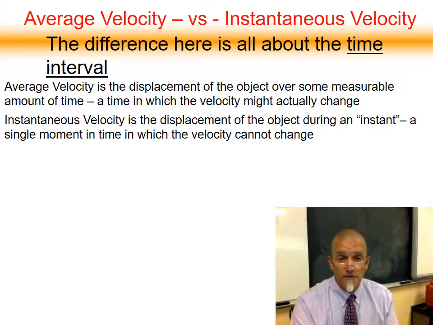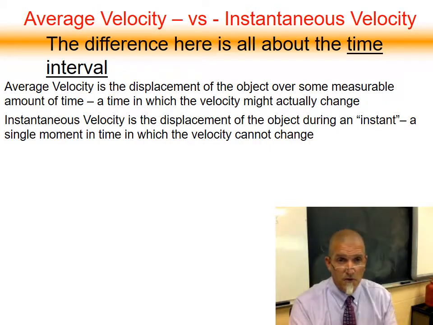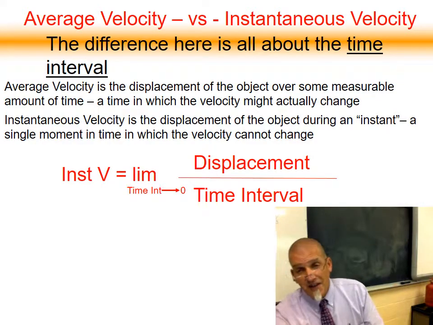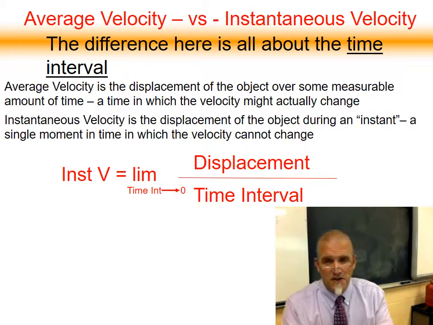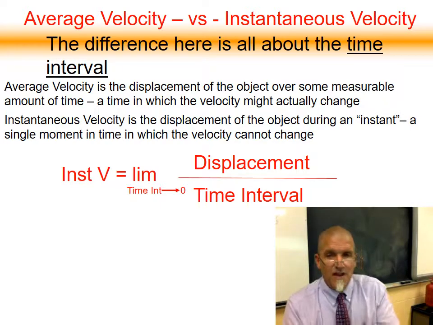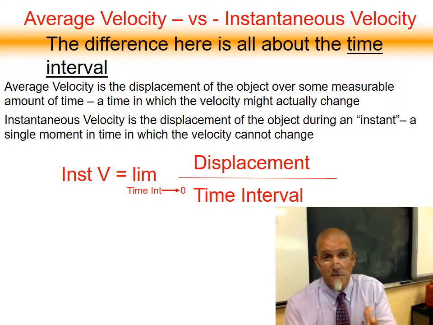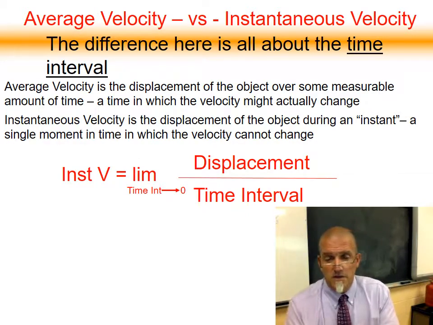So again, the distinction here is all about the time interval. Another way to think about the idea of instantaneous velocity is this mathematical concept called a limit. Instantaneous velocity can be defined as the limit as the time interval, sometimes written as delta t, delta meaning change in, or the time interval, approaches zero, very, very small, infinitesimally small, as a matter of fact, period of time, of the displacement over that very small time interval.